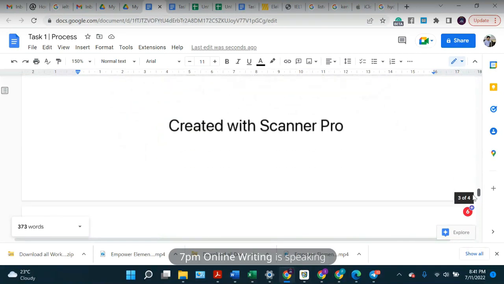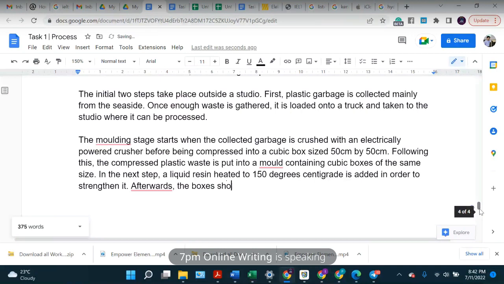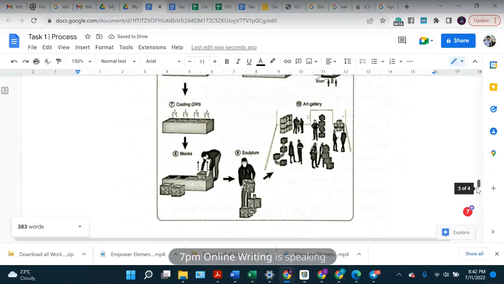The boxes, maybe. Should be left 24 hours to cool down.